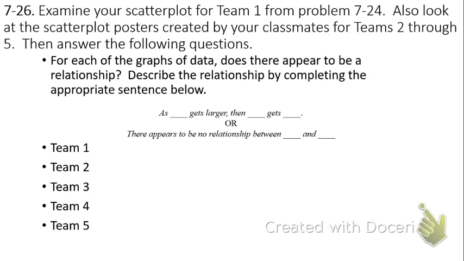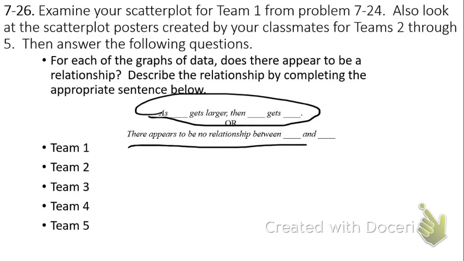Now, there are 2 ways you can answer. If you do think there's a relationship, you're going to answer a bit like this: as something gets larger, then blank gets blank. If you don't think there's a relationship, you're going to answer something like this: there appears to be no relationship between blank and blank.